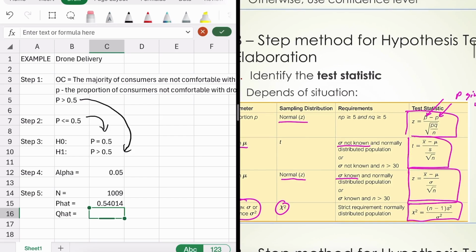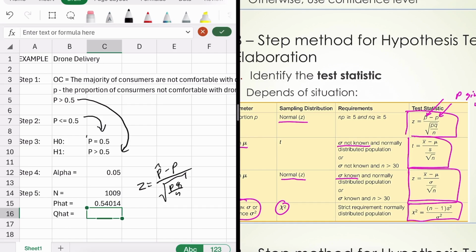My test statistic is this thing right here. Z, the normal distribution, Z equals P hat minus P over the square root of P Q over N. Okay, now we are assuming P is 0.5. That is what the P is.